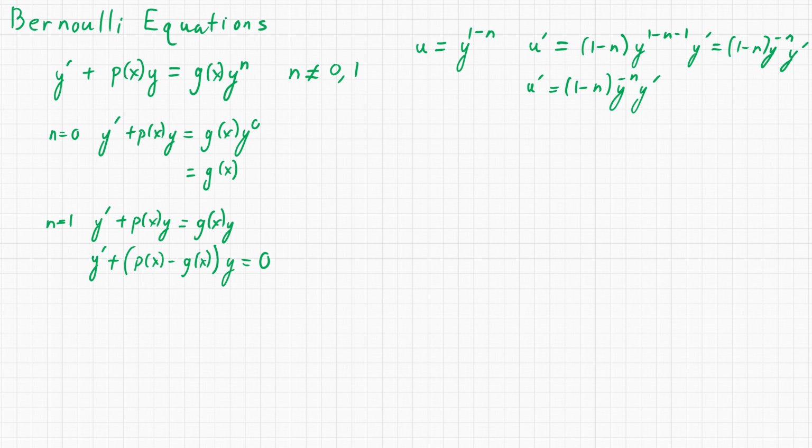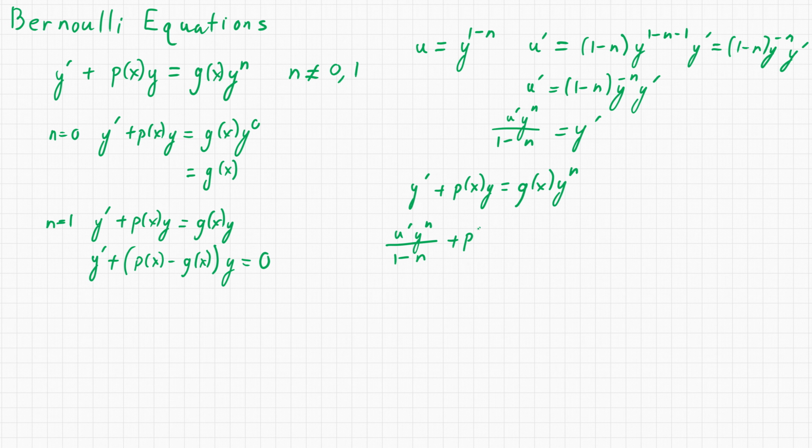So now what happens when we plug this in? We have a y prime term here, so let's go ahead and solve for that. If we divide, we end up with u prime y to the n over 1 minus n is equal to y prime. Now we're going to go back to the original differential equation, y prime plus p of x times y equals g of x times y to the n. And we're going to replace y prime with this u prime y to the n over 1 minus n, plus p of x times y.